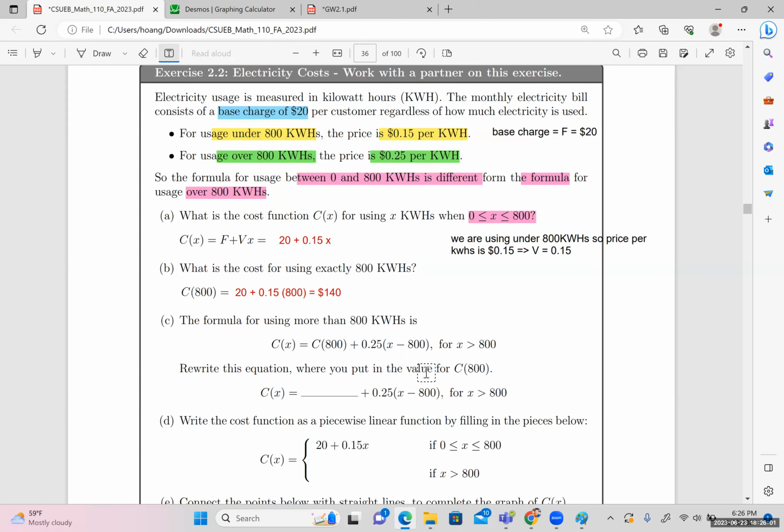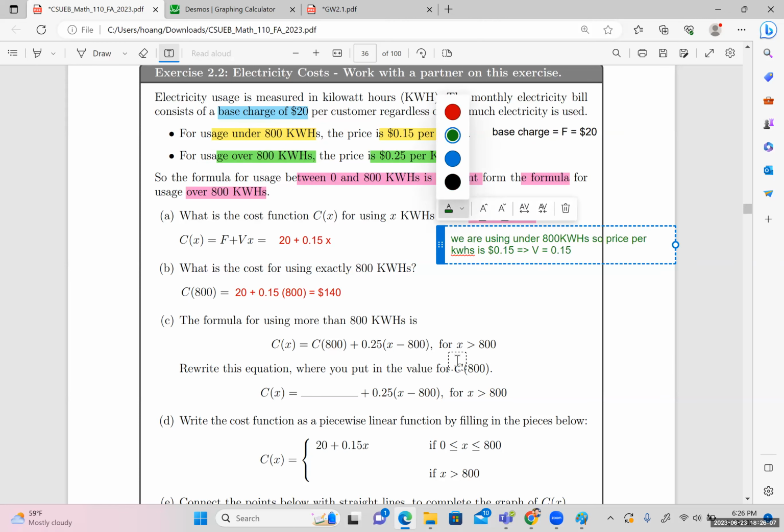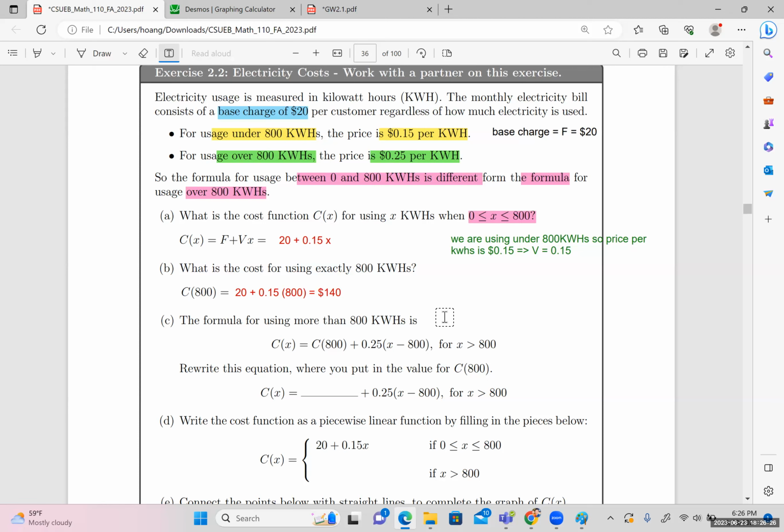So what about when we're using more than 800 kilowatts, right? If you are using more than 800 kilowatts, you have to think about adding the cost.